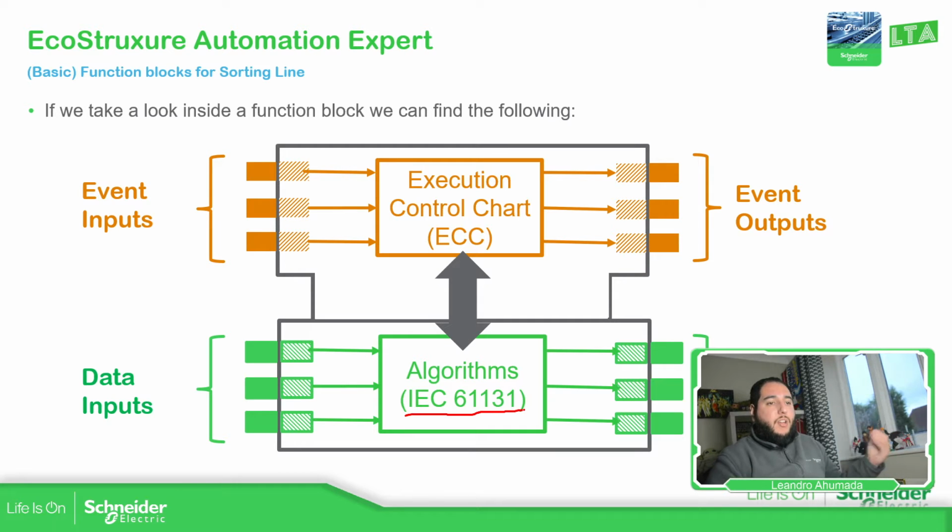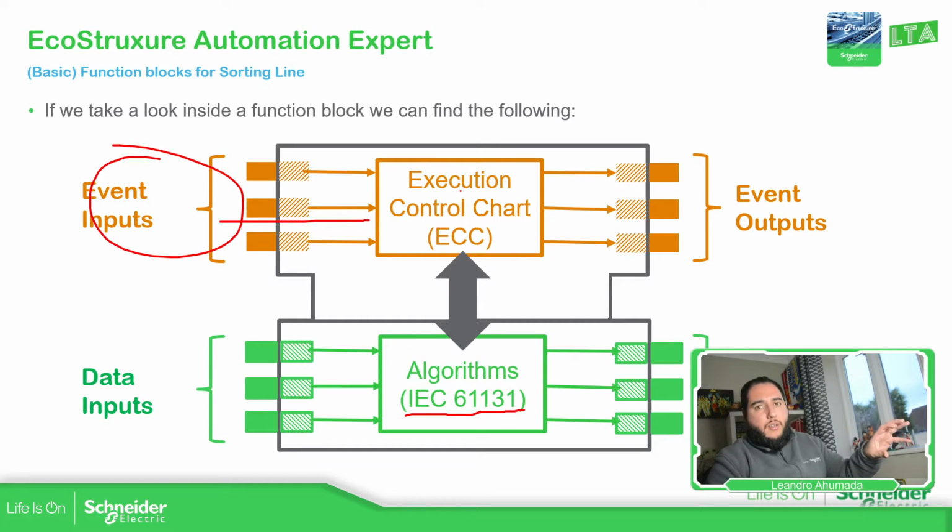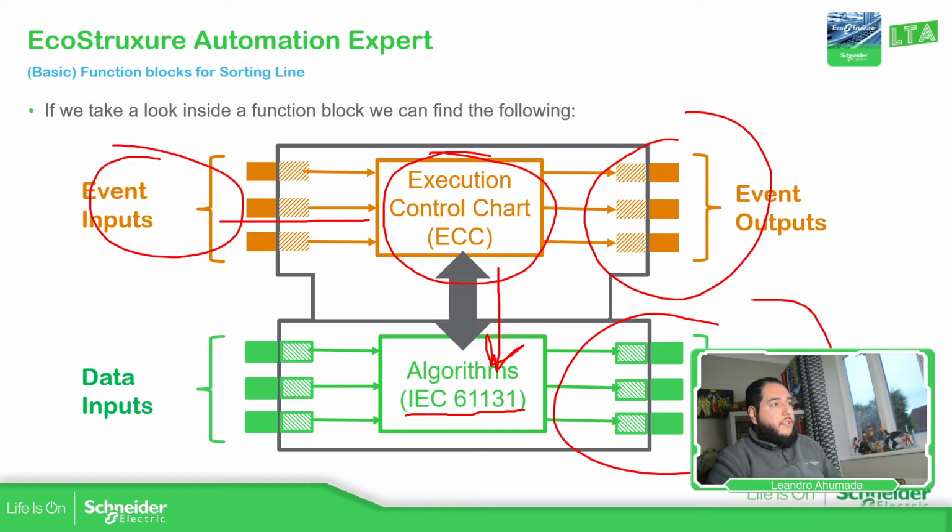So based on the events, we have a diagram of states, and this diagram will execute logic in something that we know, which is the 61131, and then we can update the outputs and the data, and then we can execute another function block or whatever. So this is what is inside this function block.